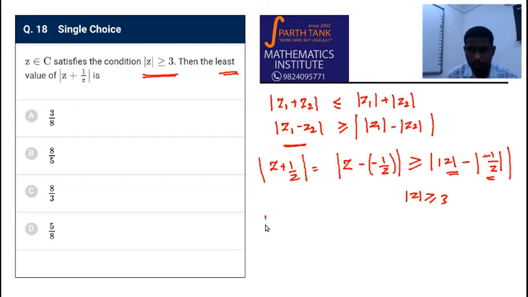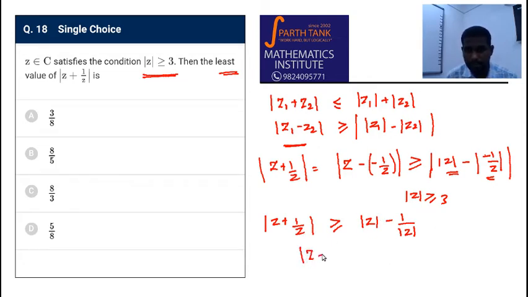Alright? So what we have so far is mod z plus 1 by z is greater than or equal to mod z minus 1 by mod z. I am dropping the mod on the outside because mod z being at least 3 will always be greater than 1 by mod z for this condition.